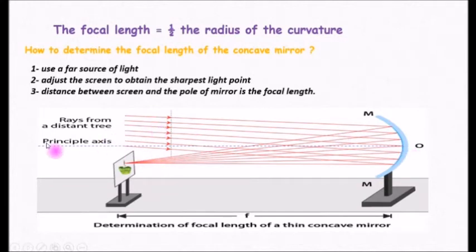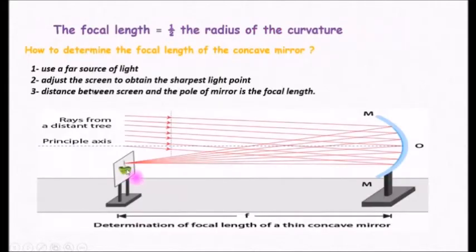Let's say it again. The light comes from a source and then it falls on the mirror and it is collected at a point which is called the focus. The distance between the focus and the pole of the mirror is the focal length of the concave mirror.